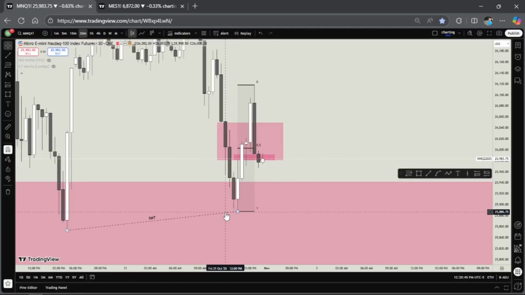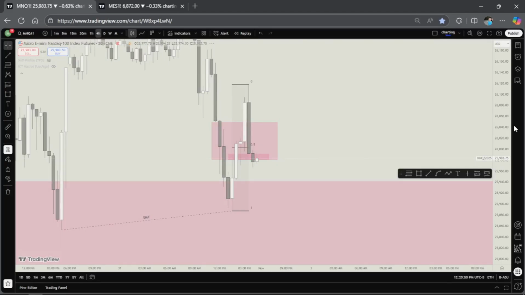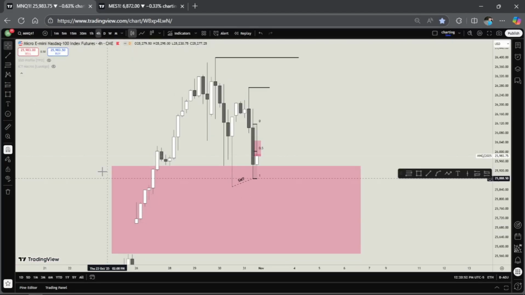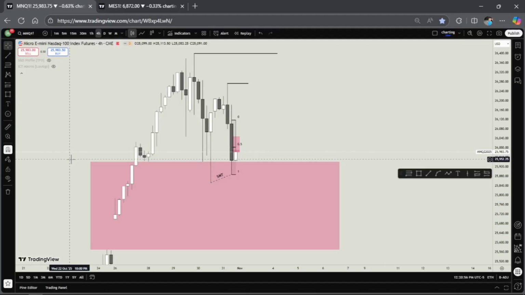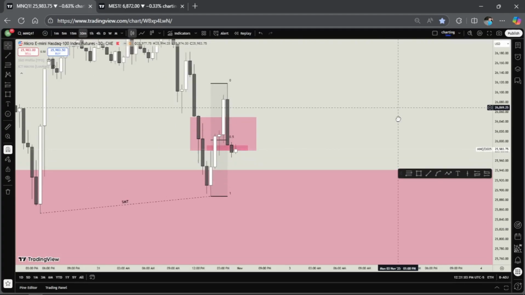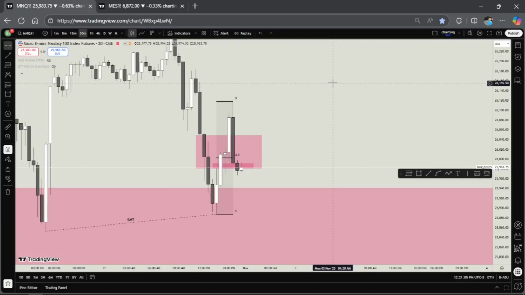But even if we hold this, even if we test this level one more time, I will still be more bullish because we will hold this fair value gap. So as long as we hold this fair value gap, I will not touch the bearish side. That is how I'm reading the price action.